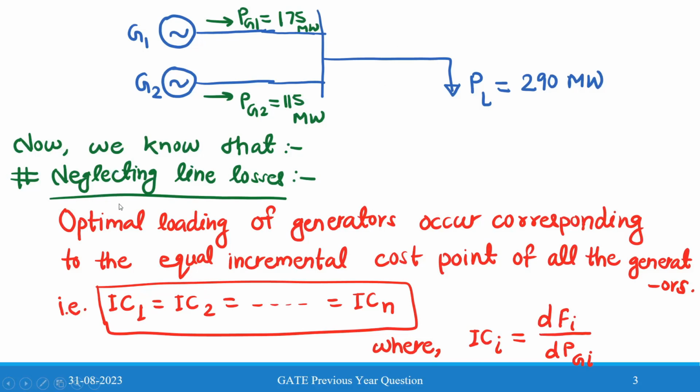If we neglect the line losses, optimal loading of generators will occur at the equal incremental cost point of all the generators.